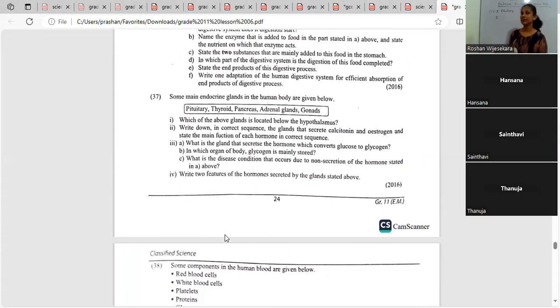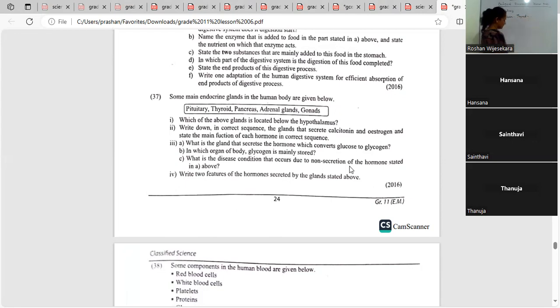That is coming from the table. The hormone is calcitonin. You have to write in correct sequence: the hormone, the gland that secretes it, and the function of that hormone. You have to write correctly. Calcitonin. The function is not first; you have to write the gland first.